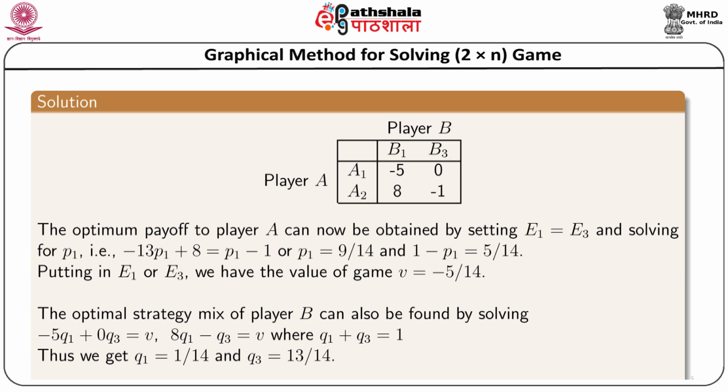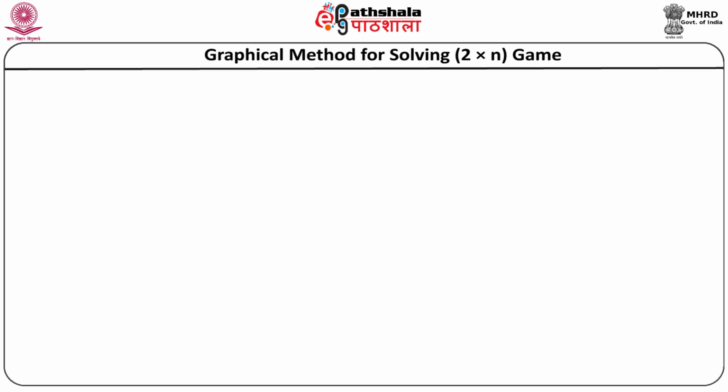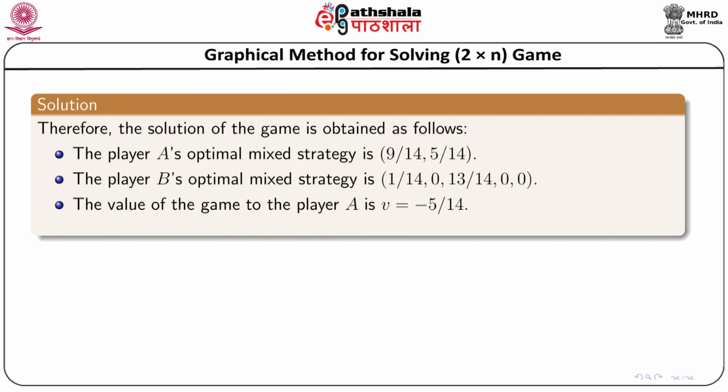Similarly, we can determine the optimal strategy for player B as Q1 equal to 1 by 14 and Q3 equal to 13 by 14. This slide shows the optimal mixed strategies for player A and for player B as well. The value of the game is thus obtained for player A as minus 5 by 14.